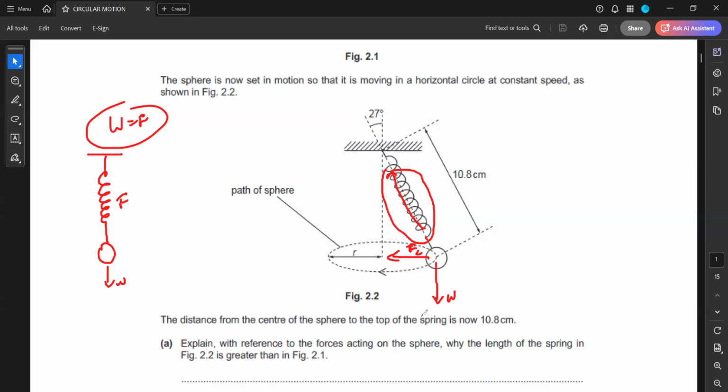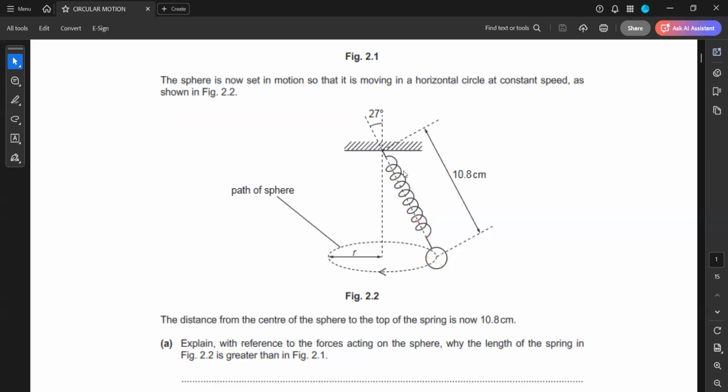Is it clear, this one? If I want to resolve into components, this is the force of the spring, because the spring will try to pull it.